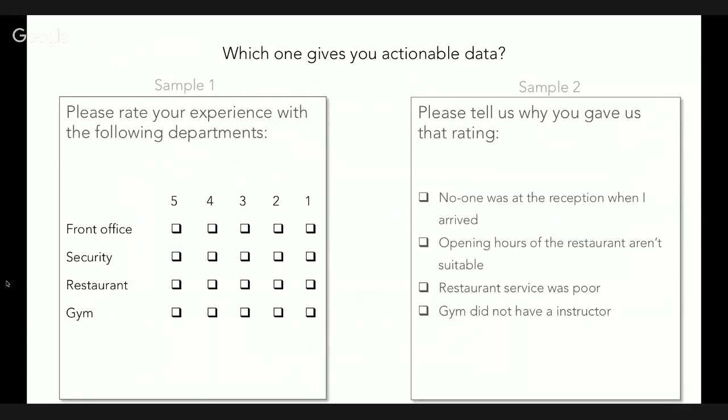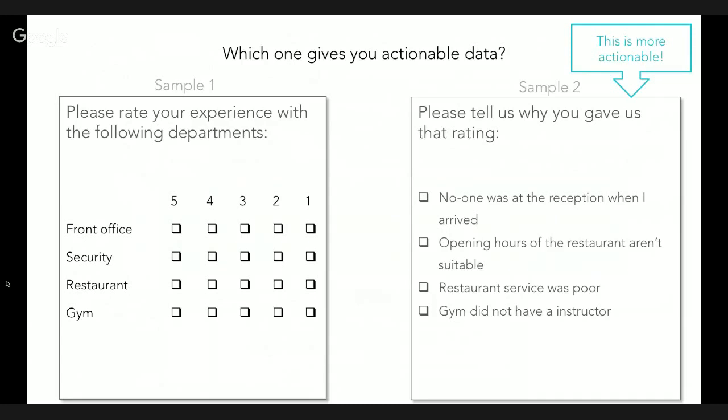Is it a rating scale of each department, which doesn't really tell you what it is, and could be totally biased on a lot of aspects? It could be culture, it could be geography. How about having a very structured way of asking that why, where you ask them what is it that went wrong? It could be leading indications like the one in sample 2, which is the right one to do, since it is more actionable.